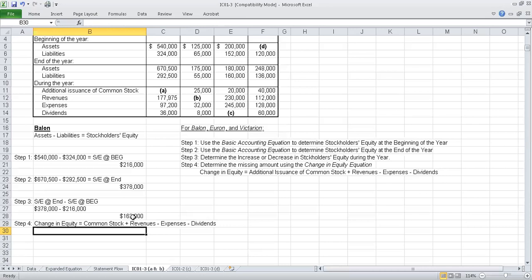All right, we just figured out the change in equity. The change in equity is $162,000.